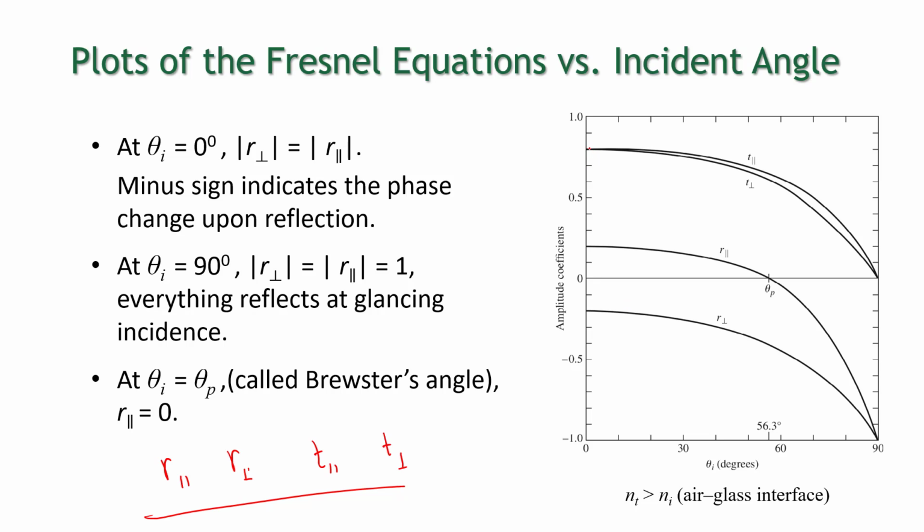What we see here is that the x-axis is the angle of incidence, and the y-axis is these coefficients. For theta I equal to 0 degrees, what do you see for R parallel and R perpendicular?